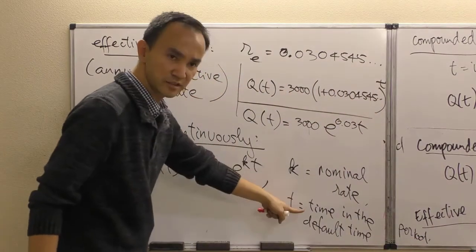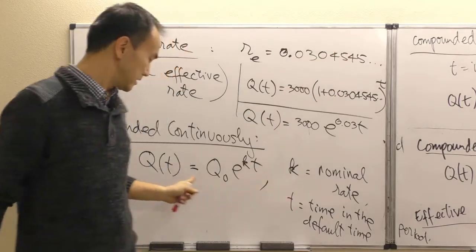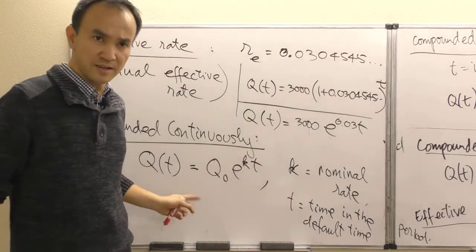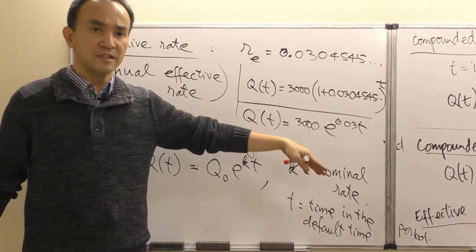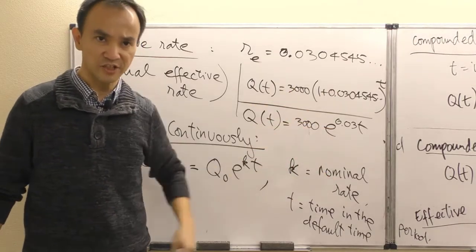Okay, so t is the time. If the default time period is monthly, then t here is in months. And if the default time period is in years, then t here is in years. That's the standard.